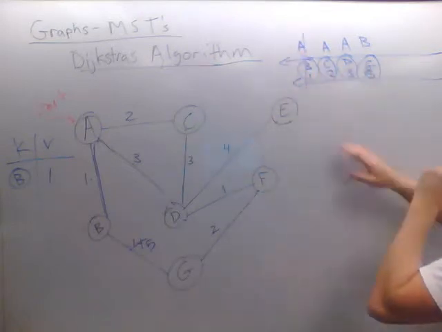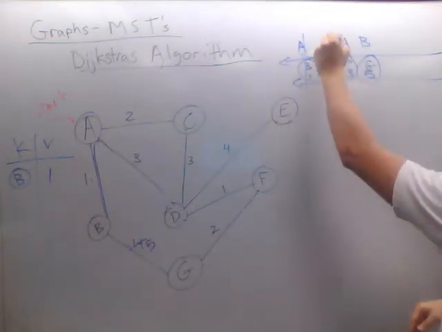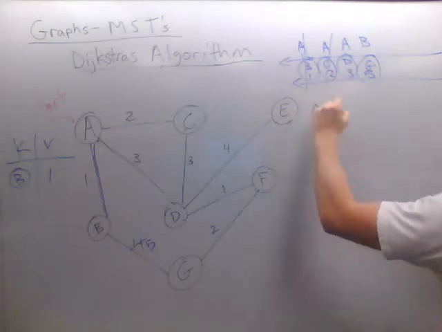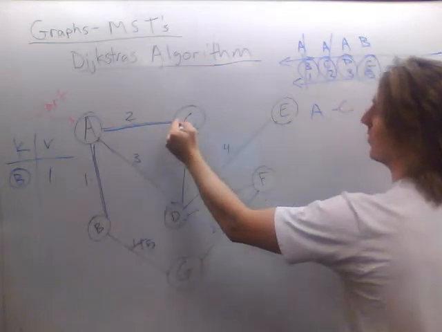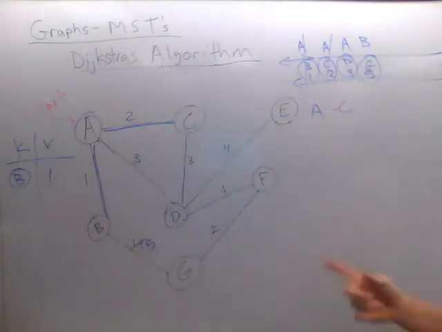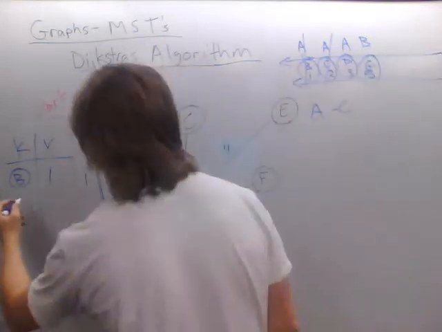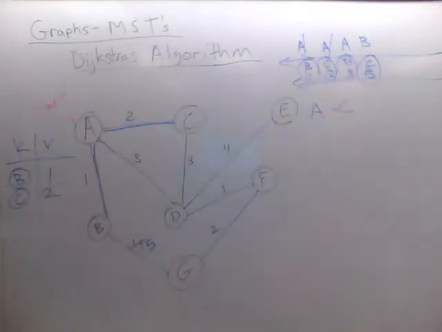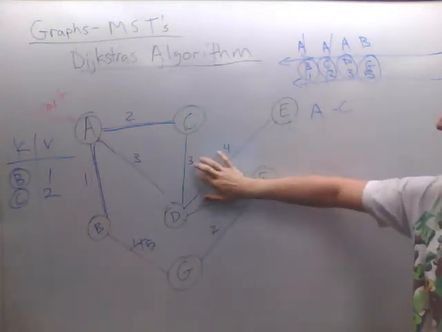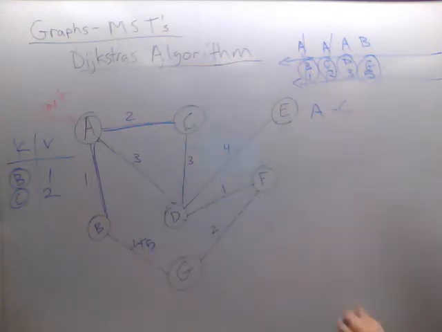So the next edge is going to be AC with cost 2. So A to C. I'm evaluating this edge here. The first thing I have to do is put it inside my hash table. So for C, I can get from A to C with total path weight of 2. Now I have to update all of the available edges. So this is no longer 3.